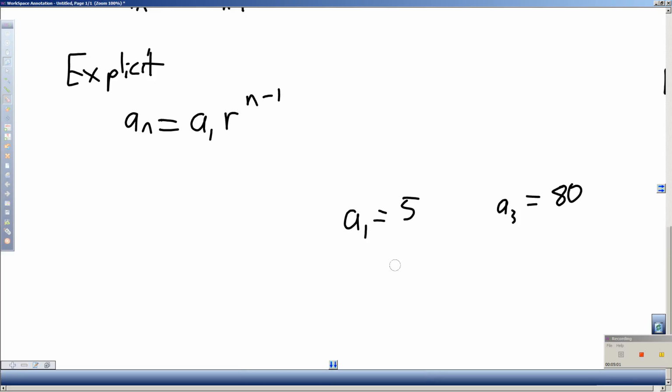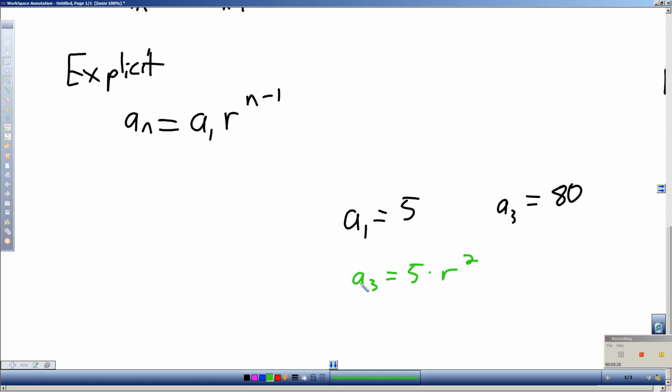Either way, you could do both forms. A1 equals 5 right there. A3 equals 80. So where are we starting at? 5 times r raised to what? r squared.